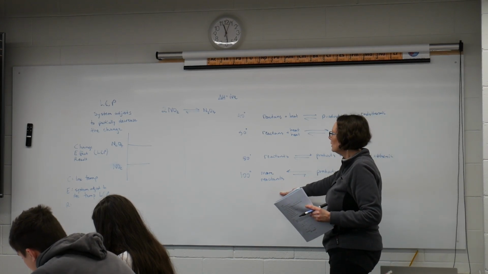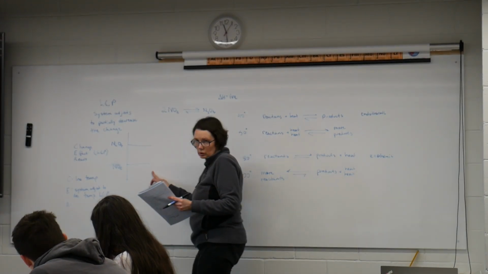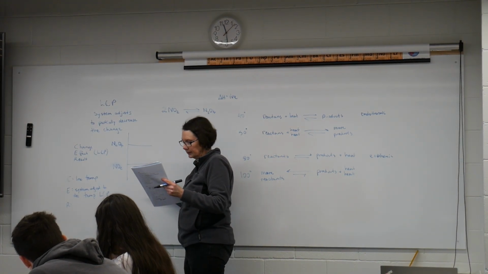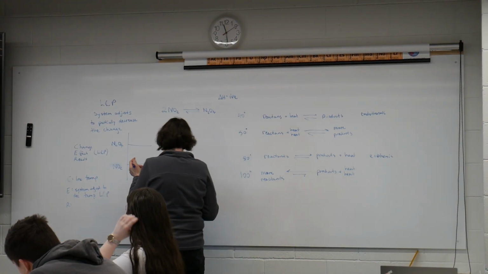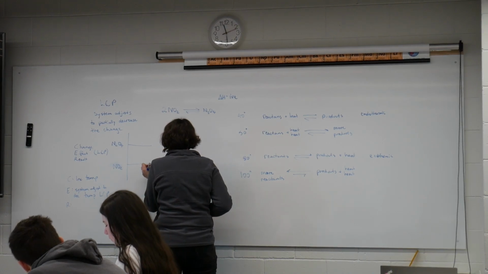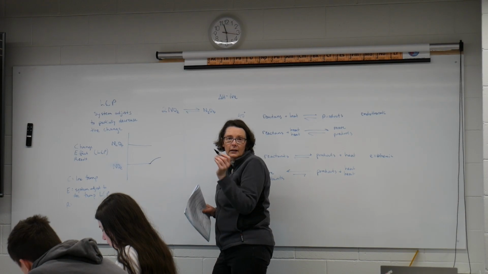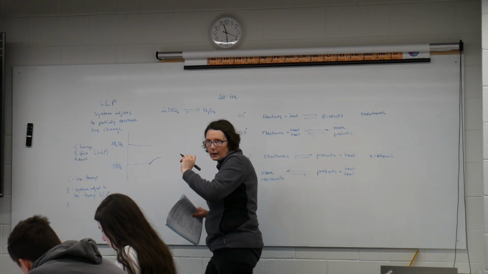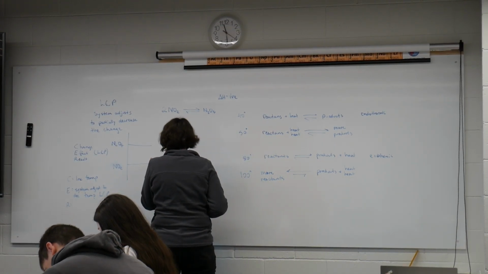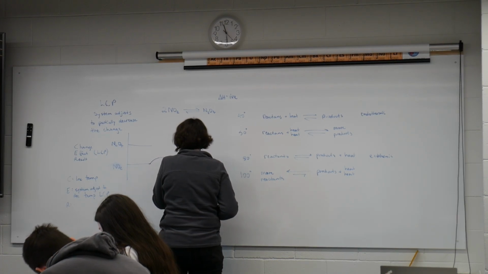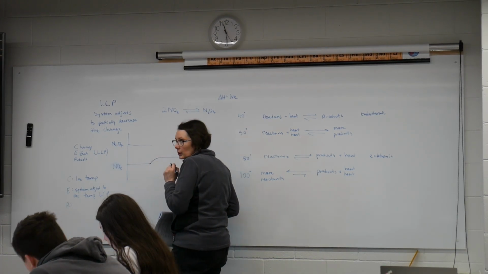So that will mean our concentration of the nitrogen dioxide will increase. And it increases fastest at the beginning. Okay, so we have to think about our curve there. And then it will continue on once it's reached its new equilibrium.